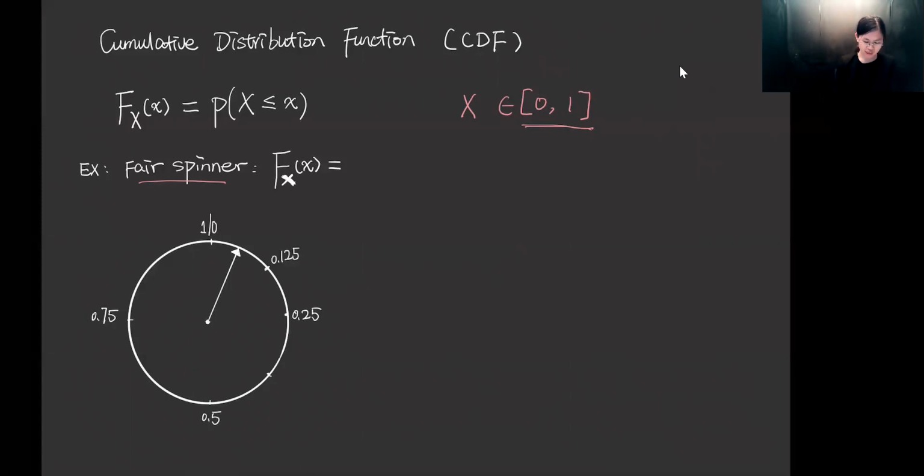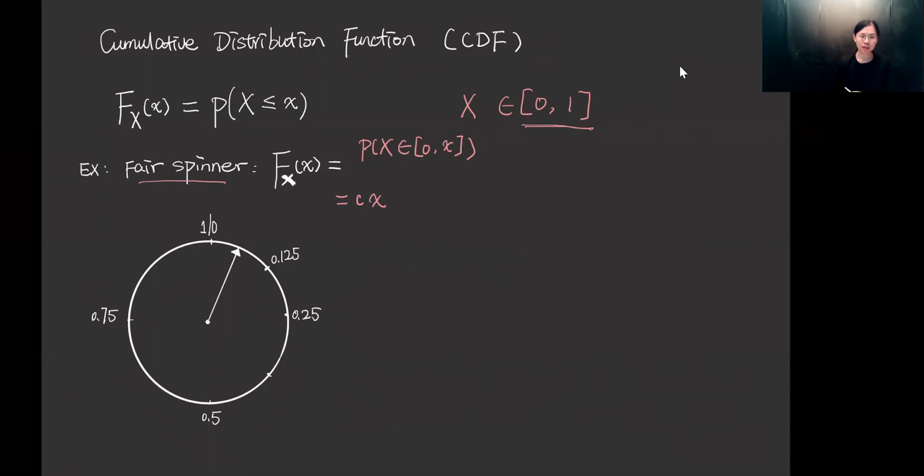So F_X of little x should be the probability that X belongs to 0 to x, and that should be proportional to the length, which is x. So it should be some constant times the length of the interval.